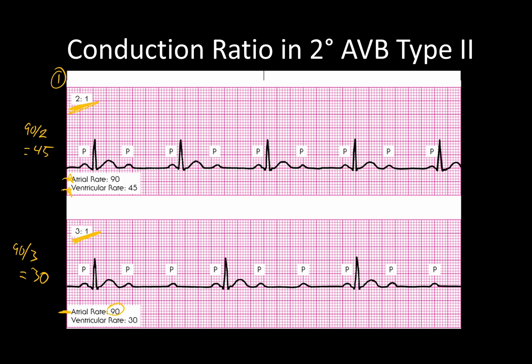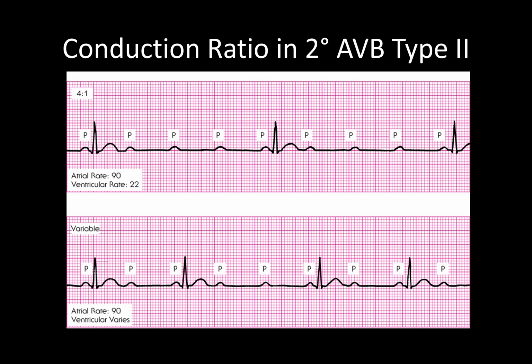So mentioning that conduction ratio helps a bunch. The next slide to go with that is this here. So we'll just keep going down the line. You've got a 4-to-1 conduction ratio now, where you've got that same atrial rate of 90, but 90 divided by 4 winds up giving you a heart rate of 22. And just take a step back and look at that strip. Even if you did the 1, 2, 3 and took 3 times 10, you still get a rough heart rate of 30.